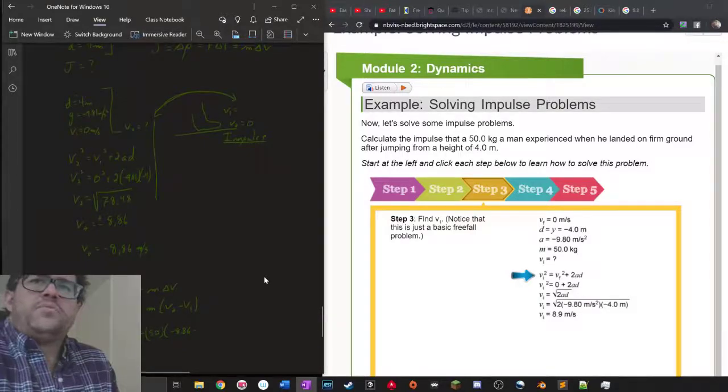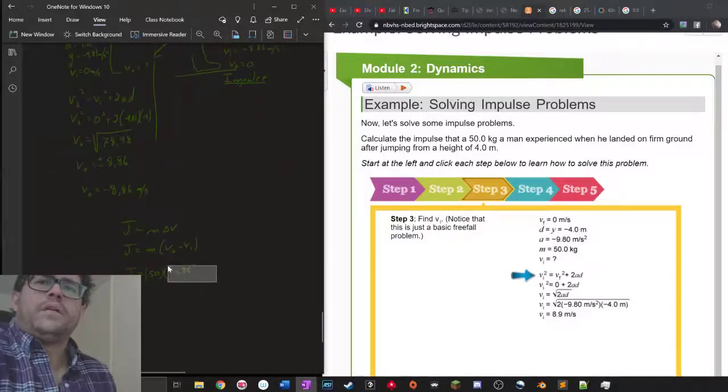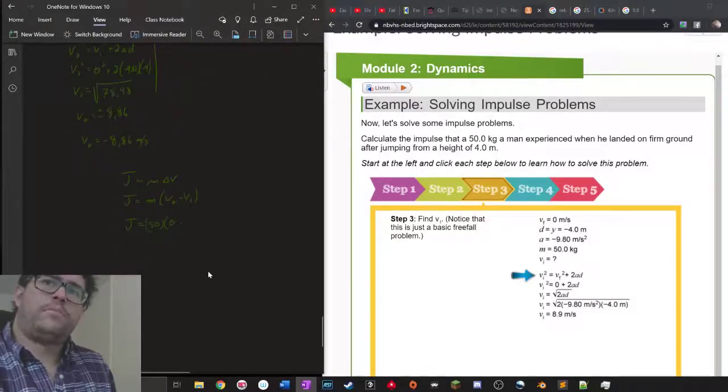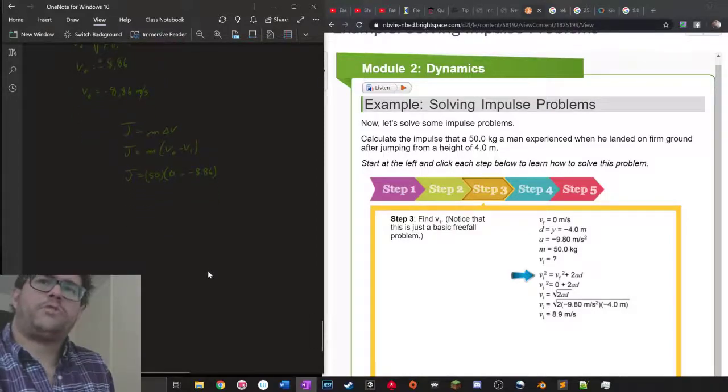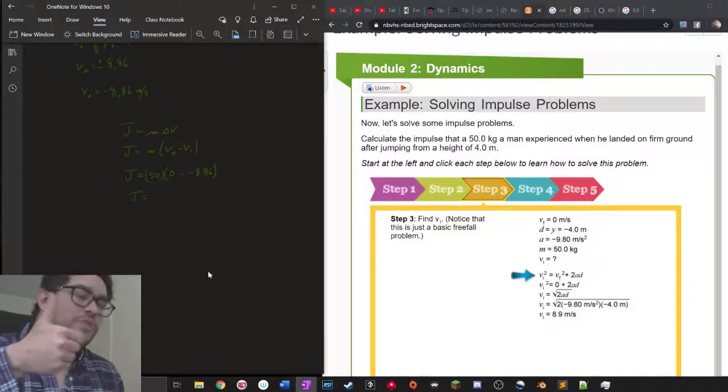V2 is 0, V1 is the minus 8.86. V2, 0, minus V1, which is minus 8.86, plus, and your impulse is positive, upward, which means your force pushing against him is also upward.